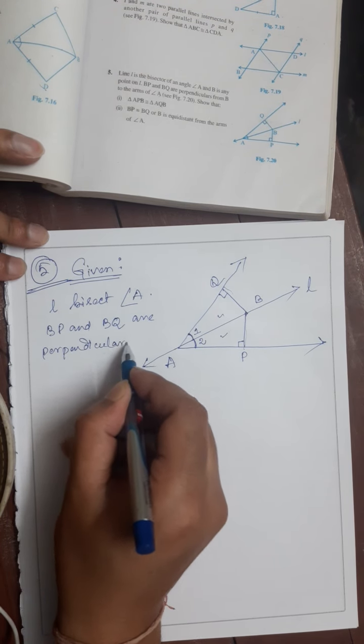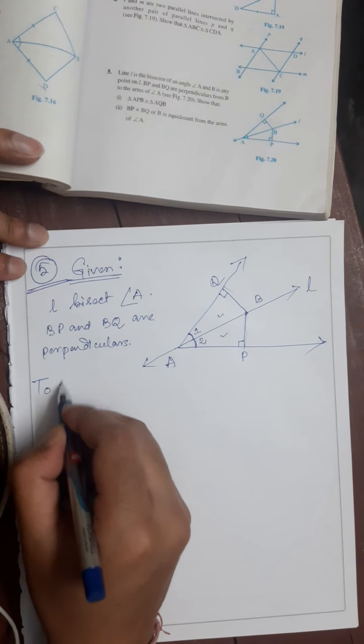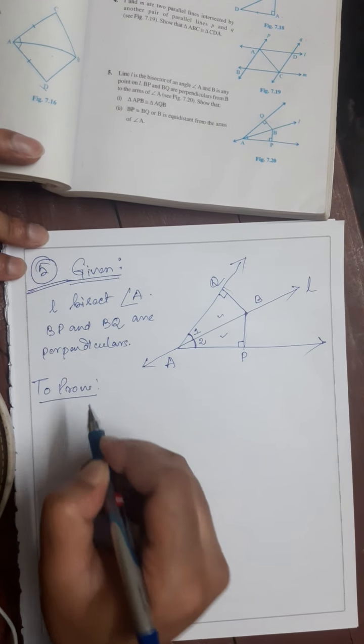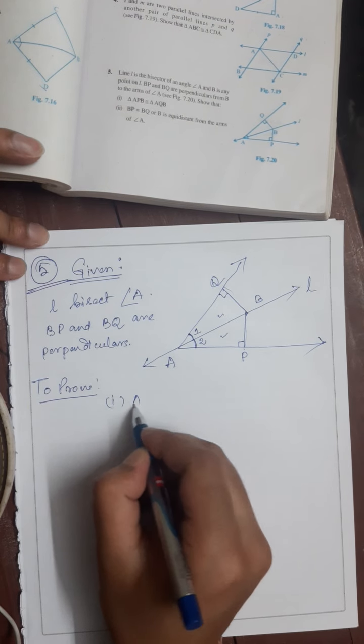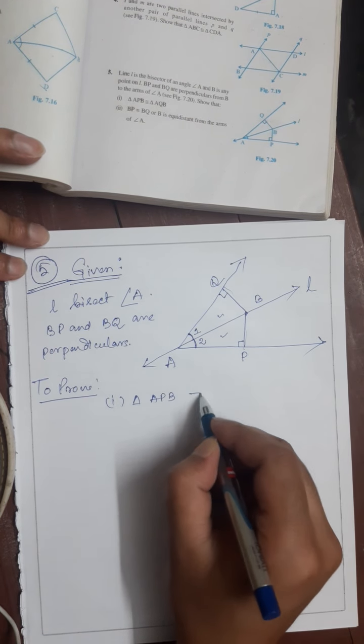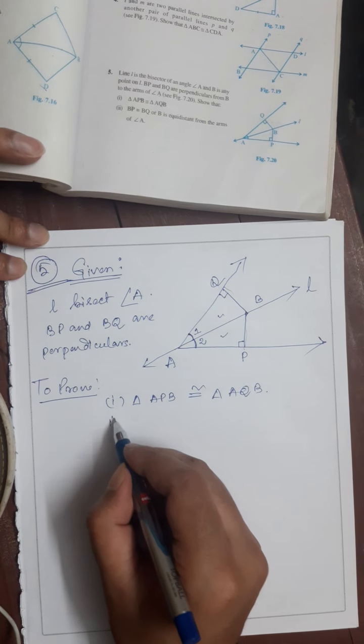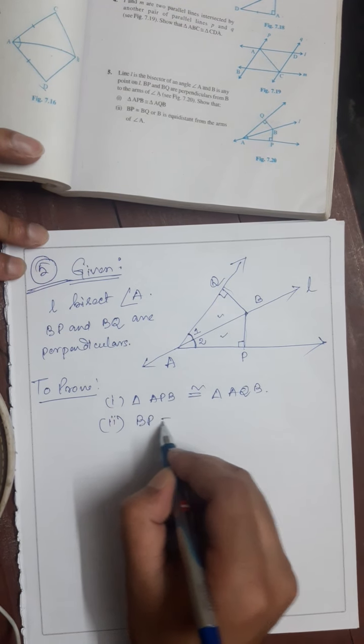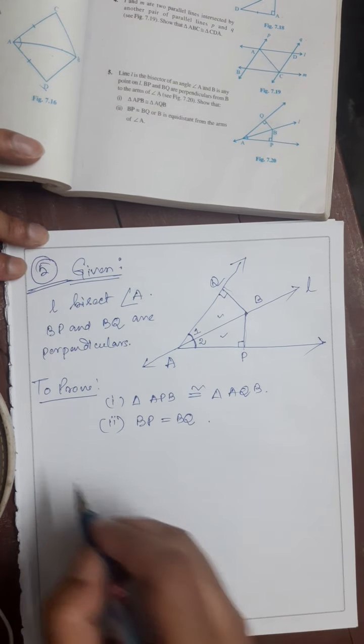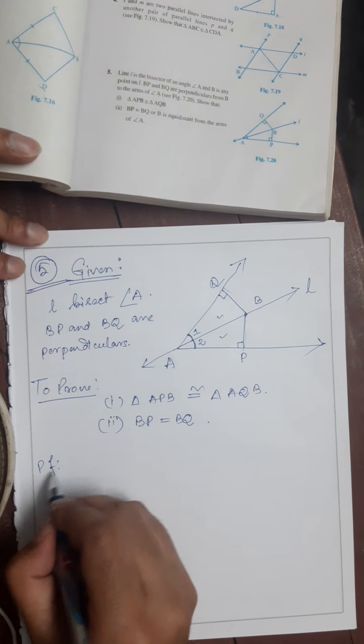To prove, first one is triangle APB is congruent to triangle AQB. Second one is BP is equal to BQ. Okay, so we start the proof.